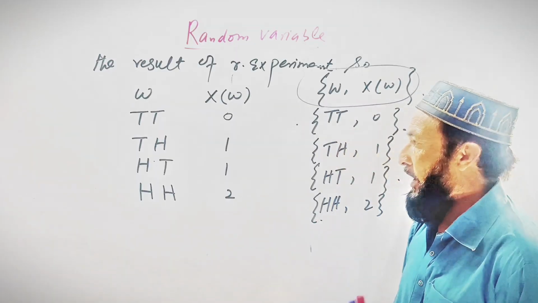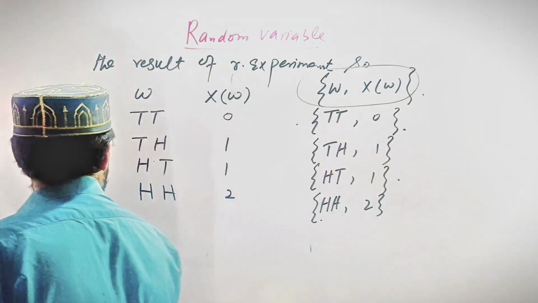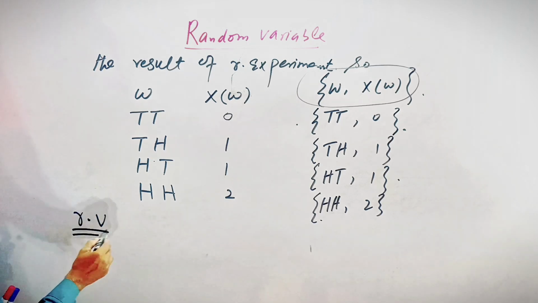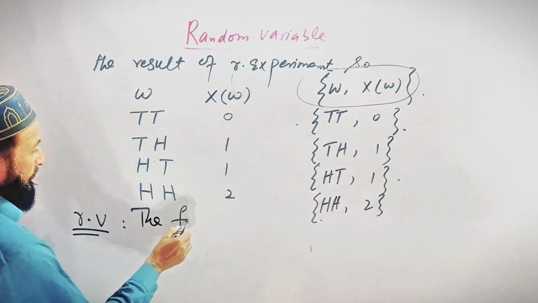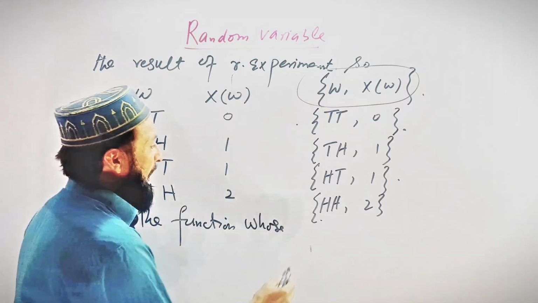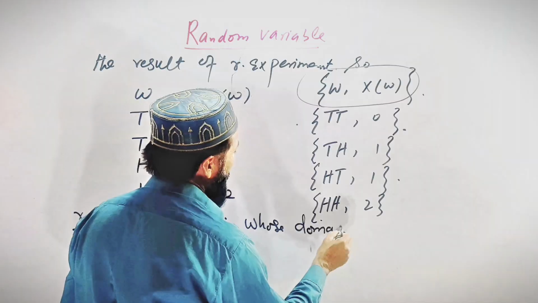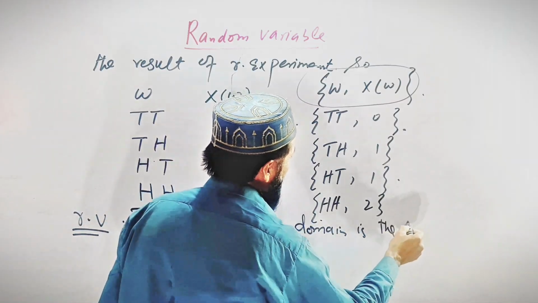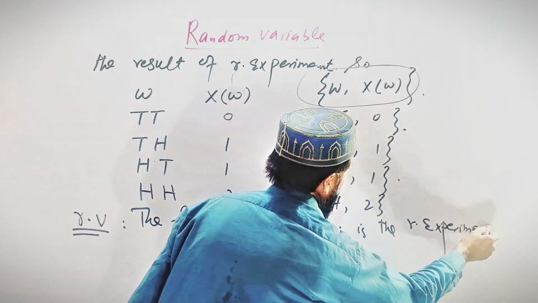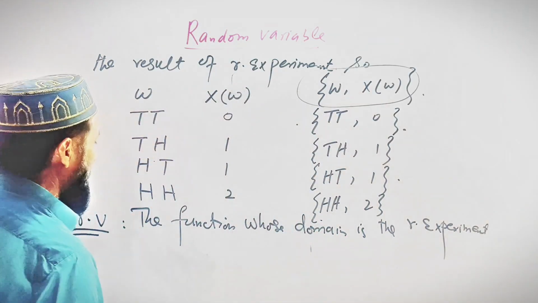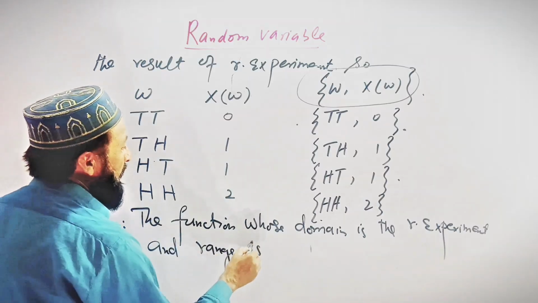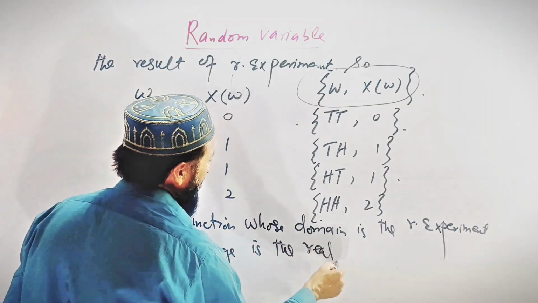We can say that random variables we can also define from this diagram, from these results. A random variable is a function whose domain is the random experiment and range is the real values.